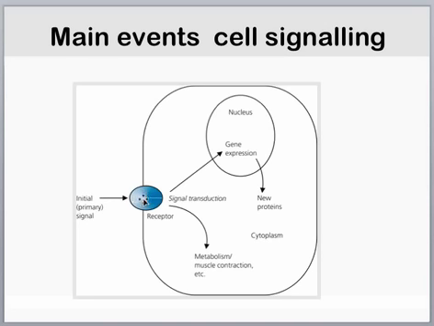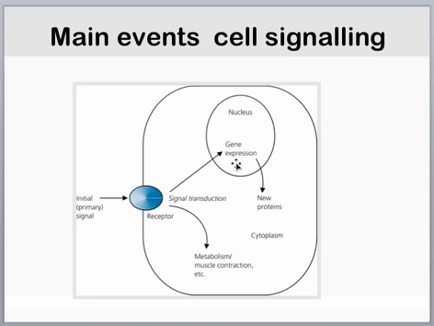Here we have the receptor. The binding of the signal to the receptor causes a conformational change within the receptor. It may activate other things on the membrane, but effectively the signal is transduced internally and then will lead to a series of events, a cascade of events, which may end in change of gene expression, or it may end in the change of a protein activity within the cytosol or cytoplasm, and typically that could be enough to cause the phenotype.